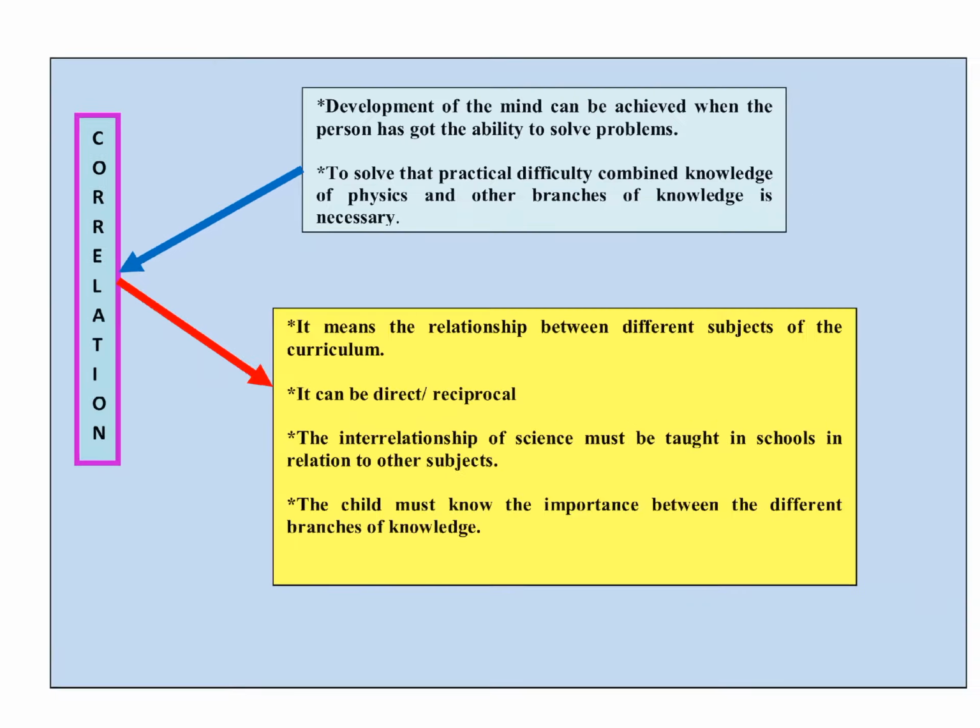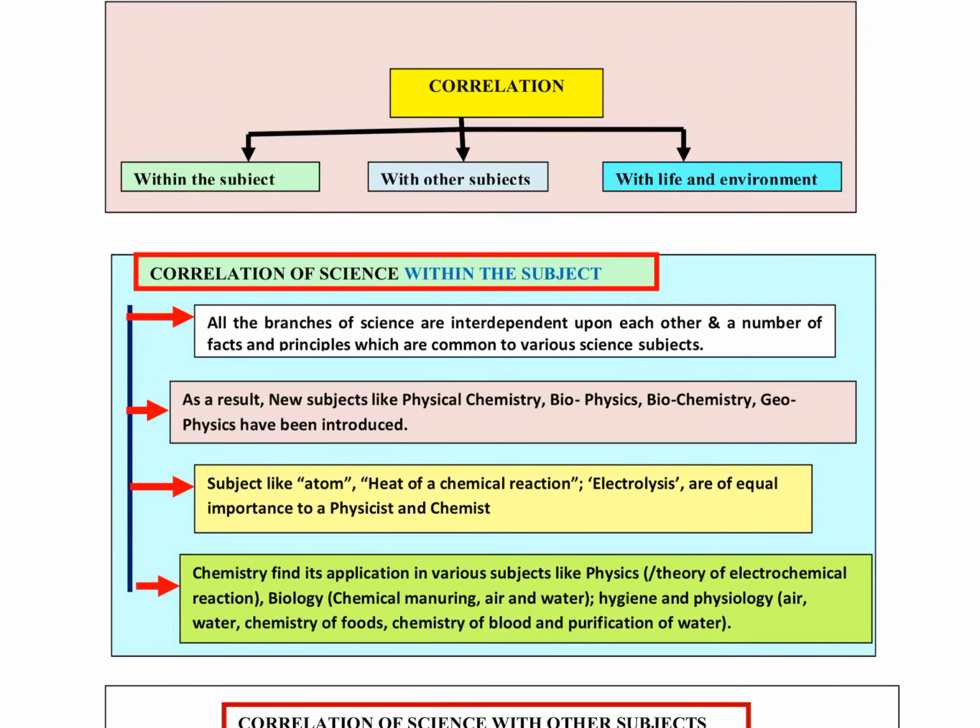I already mentioned that this correlation can be done in three ways: correlation within the subject itself, because within a particular subject there is a lot of factual and conceptual knowledge, and that knowledge has interconnection. These are correlated. Similarly, correlation with other subjects, and also correlation with life and environment.